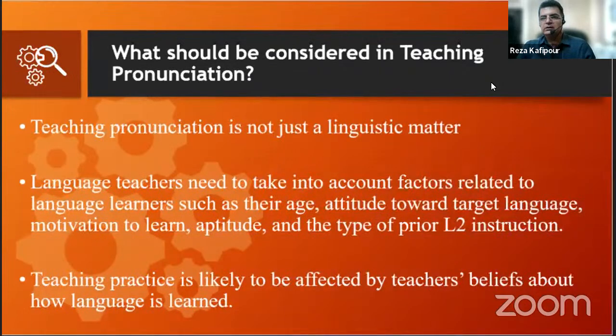But in order to make participants involved in this discussion, I would like to ask you whether you know the effect of age in teaching or learning pronunciation, how age can interfere in teaching or learning pronunciation. I would like to get feedback from the audience.